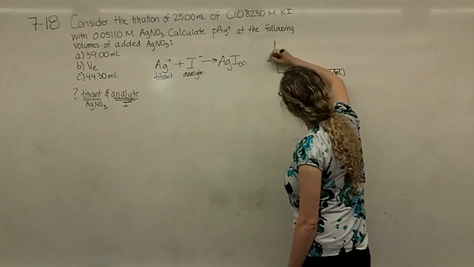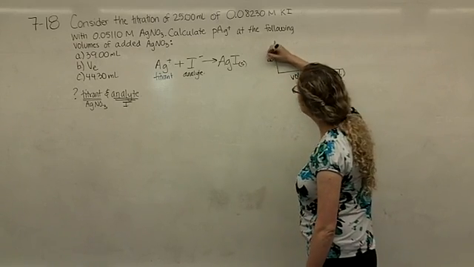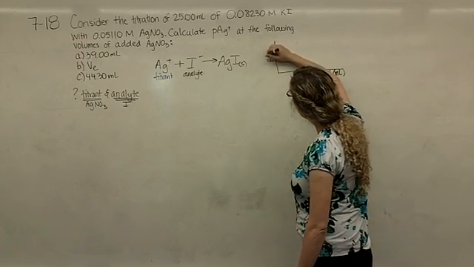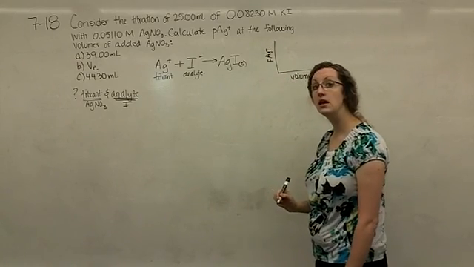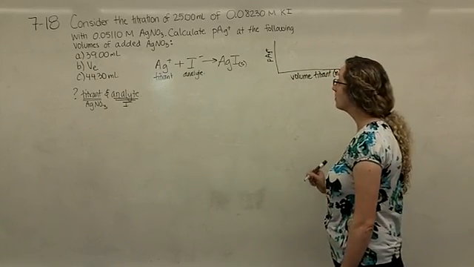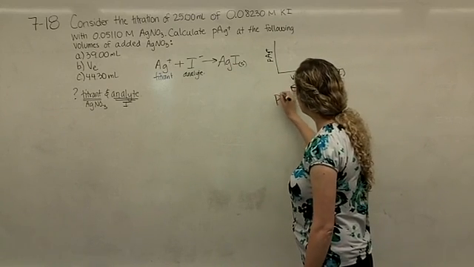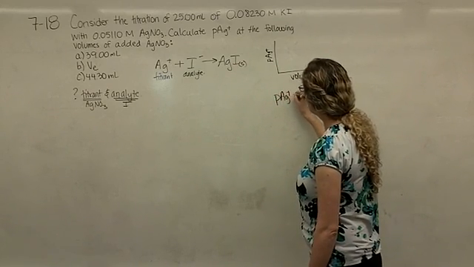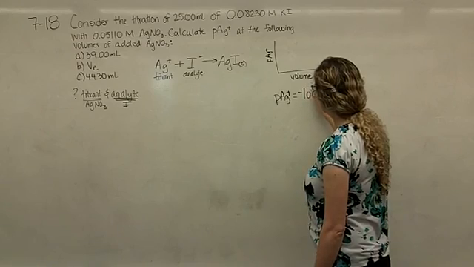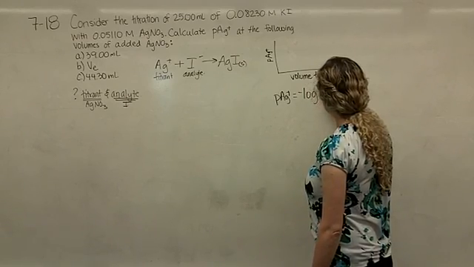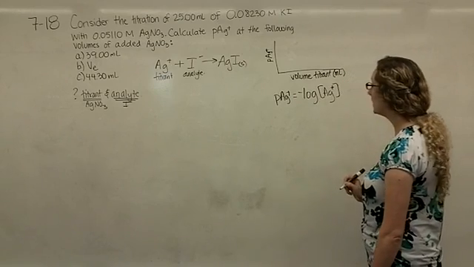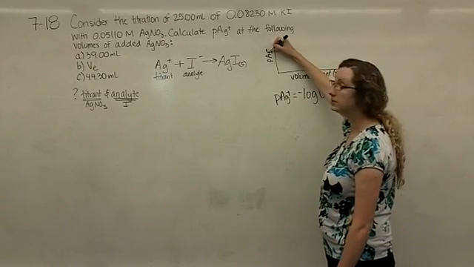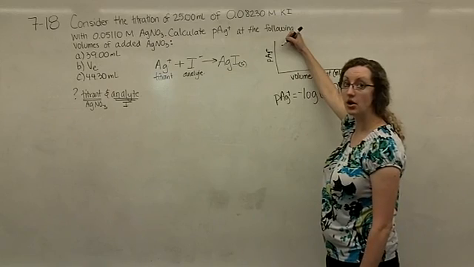And then we have the concentration, and instead of just concentration, we actually take pAg+. And remember, pAg+ is equal to negative log of the concentration of the Ag+ ions. So that's what we'll be plotting if you were going to make the entire curve.